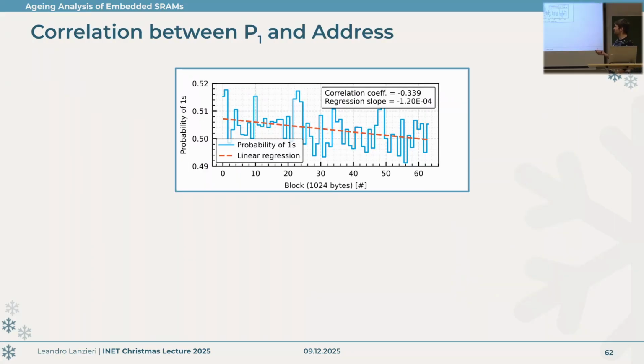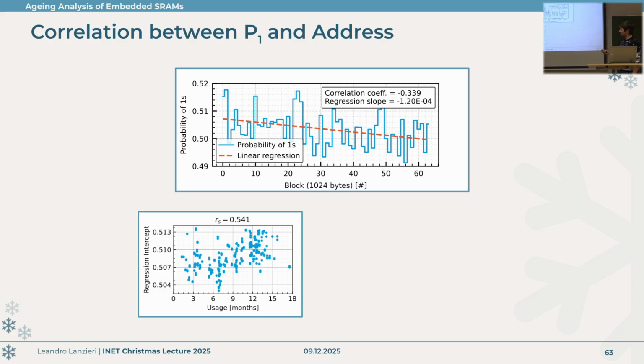We can calculate for each of the devices the correlation between the probability of 1 and the memory block. So if we block the memory in 1K bytes and calculate the probability of 1 for that block, then we can do a linear regression and use the features from this line to deduce some interesting information from the devices.